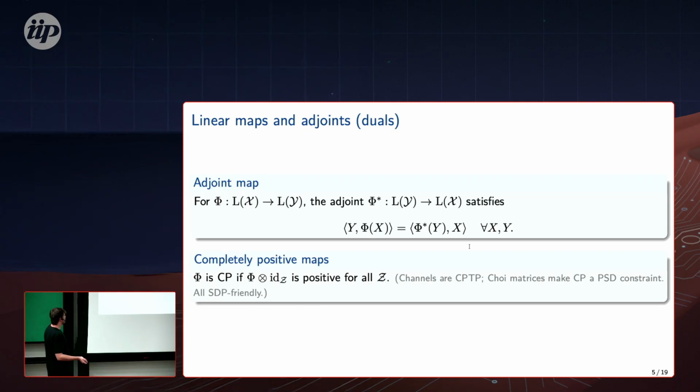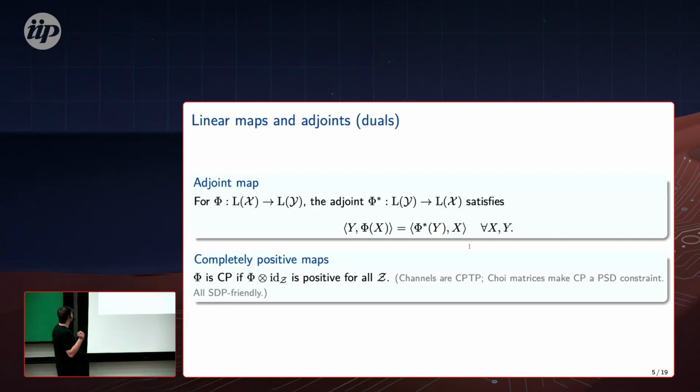Essentially, given the Hilbert-Schmidt inner product between matrices I showed you a few slides ago, I can define the adjoint of a map that maps matrices in some space to matrices in the other space through this formula. It's the same as when you're taking, let's say, the transpose of a matrix, but now we're looking at linear maps that map matrices to matrices, right?